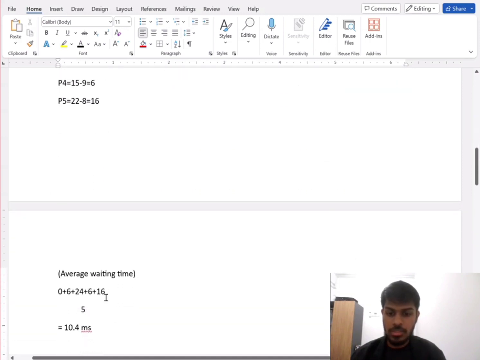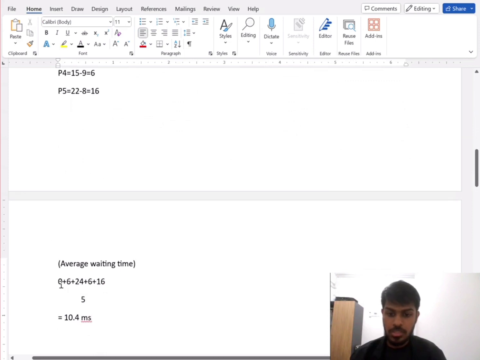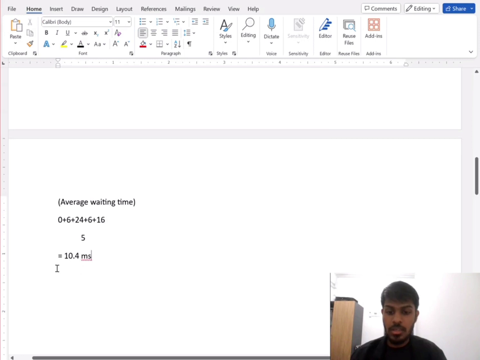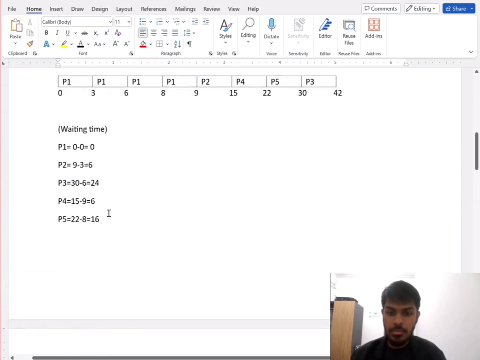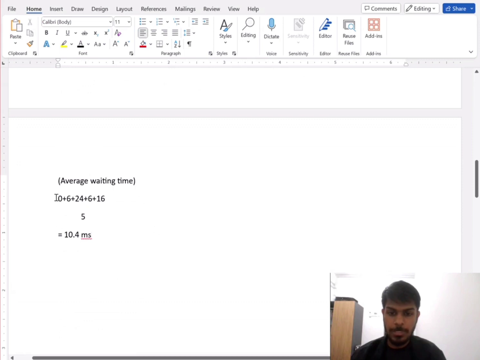To calculate the average time, we add the answers and divide by 5, and the answer will be 10.4 milliseconds. So this is the answer for waiting time, and this is the answer for average waiting time.